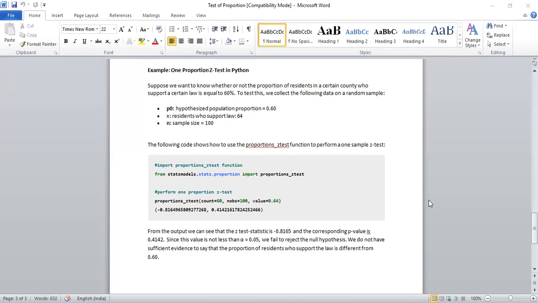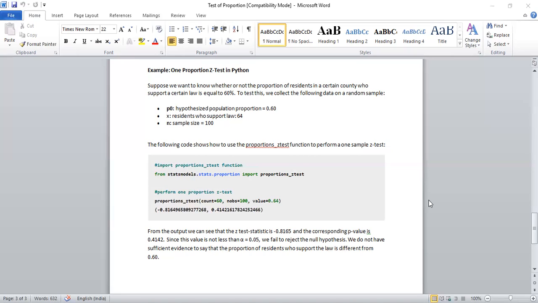From the output we can see that the z statistic is minus 0.8165 and the corresponding p-value is 0.4142. Since this value is not less than alpha equal to 0.05, we fail to reject the null hypothesis. We do not have sufficient evidence to say that the proportion of residents who support the law is significantly different from 0.60.